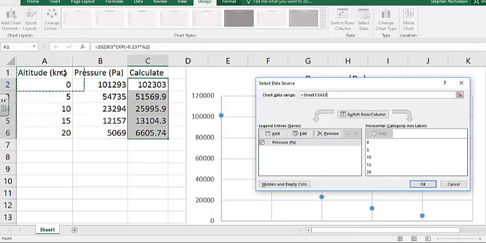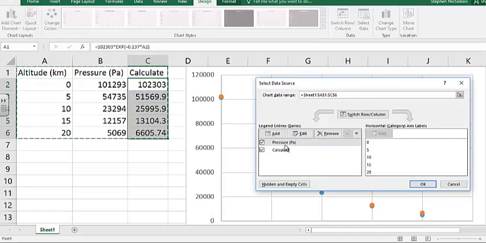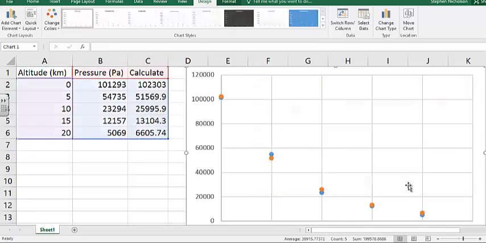If we highlight all 3 cells, you can see now it says pressure calculate. That's your y-axis values. These are your x-axis values. If we say OK, now you can see that it shows brown dots for the calculated and blue dots for the actual measurements.